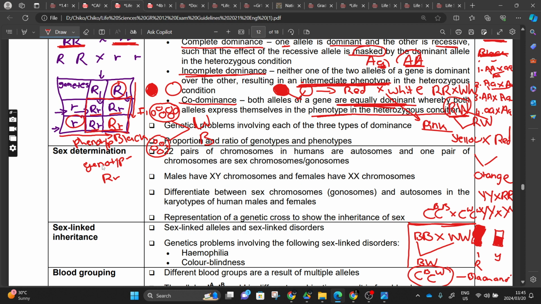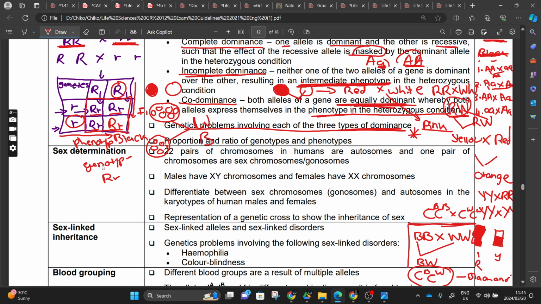And then we understand this. We are already at 35 minutes, and about 10 minutes will be done. Then genetics problems involving each of the three types of dominance: codominant, incomplete, and complete.